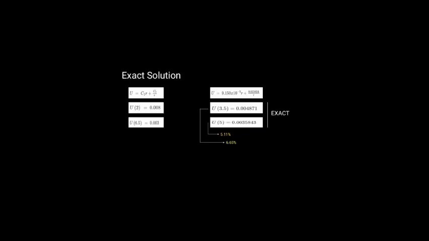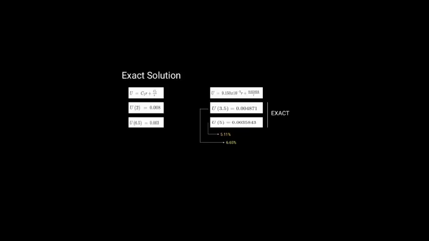In here, we have u equals 9.150 times 10 to the power of negative 5 r plus 0.015634 over r, and u of 3.5 is equal to 0.004871, and u of 5 is equal to 0.0035843.